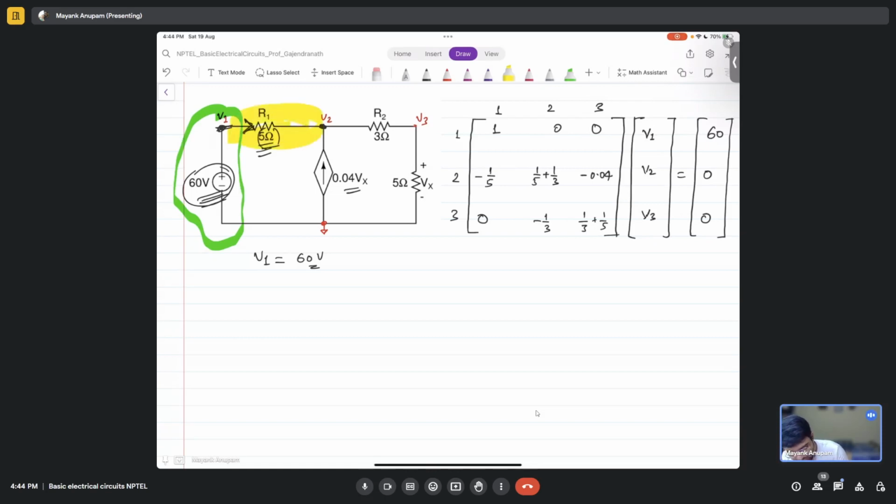You do not know about the current flowing through this, so you cannot use that. You cannot write an equation of the same sort here, because you have already taken care of it. You simply need to define the voltage source here. That's all, nothing else.